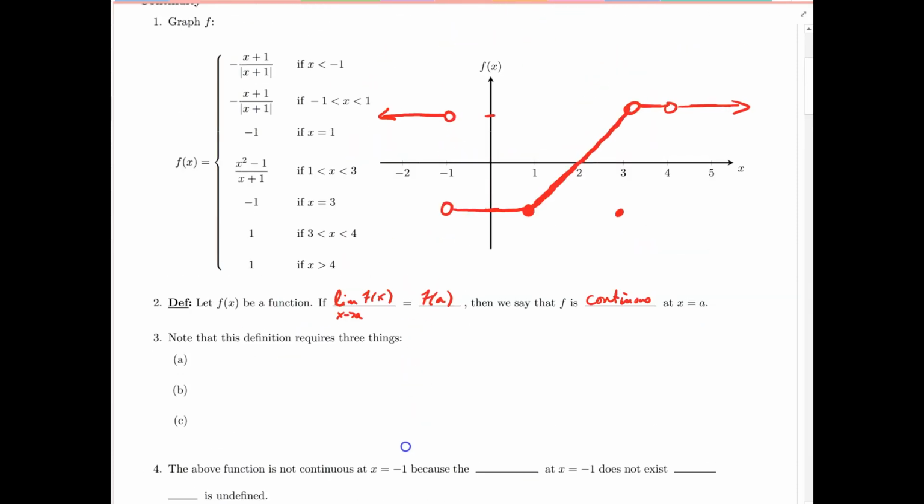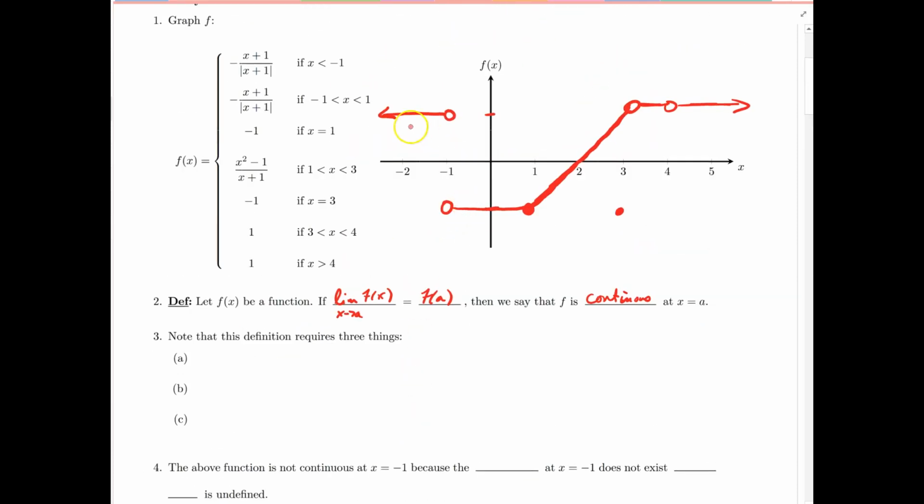So, for instance, looking at this function here, I can draw this segment from minus infinity to -1. I can draw that entire segment without picking up my pencil, so it's continuous on that interval. Likewise, all through here, I can draw the graph without picking up my pencil, but notice that at -1 or at 3 or at 4, in order to finish out drawing the graph, I have to pick up my pencil to continue drawing it.